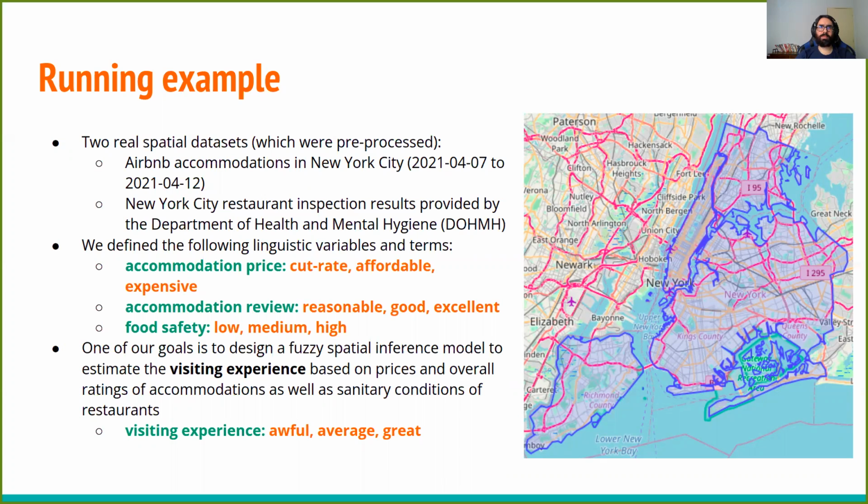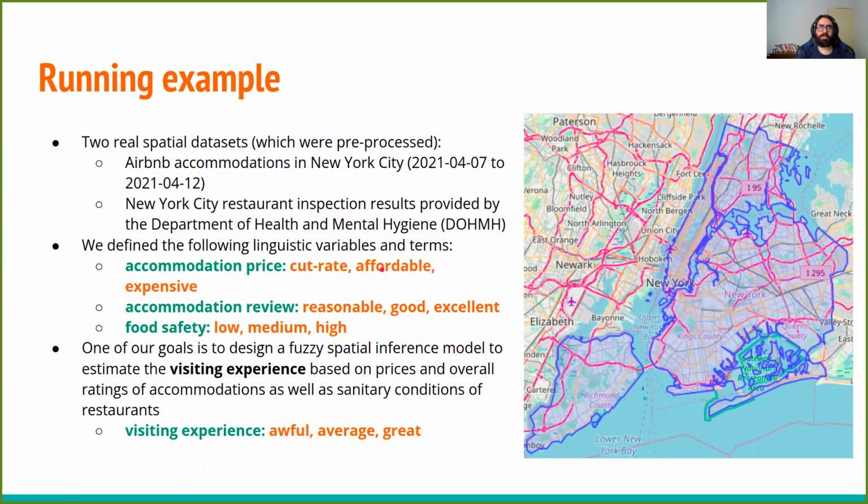Each attribute is represented as a linguistic variable with a set of linguistic values that characterize the situations of the attribute. For example, the first one represents the daily price of the accommodation and its linguistic variable is named accommodation price, which can be characterized as cut rate, affordable, and expensive.